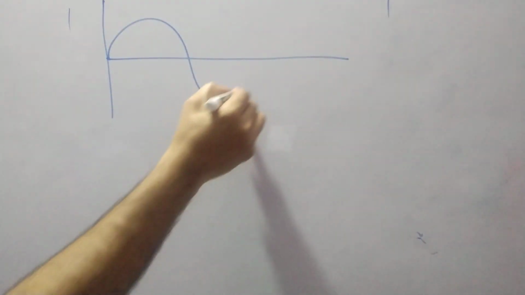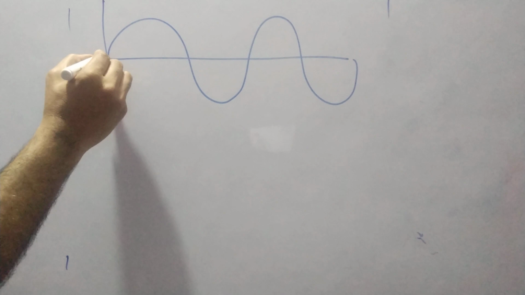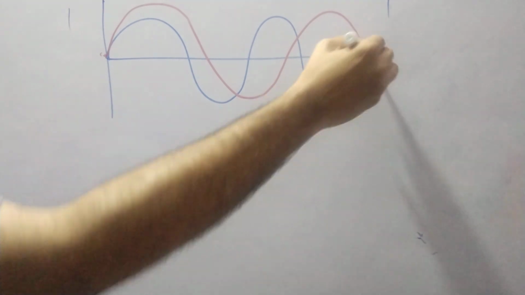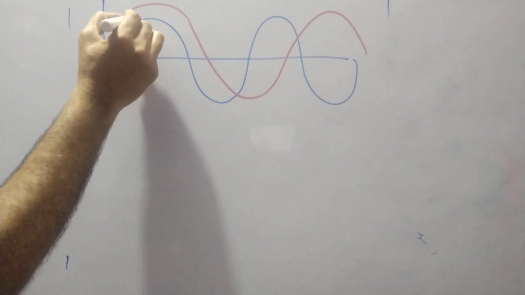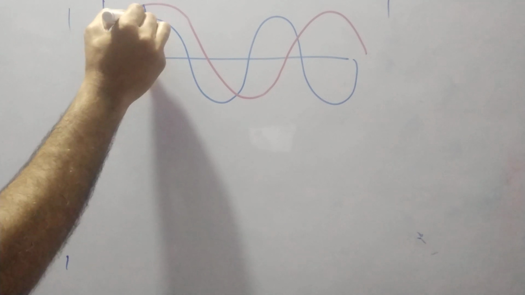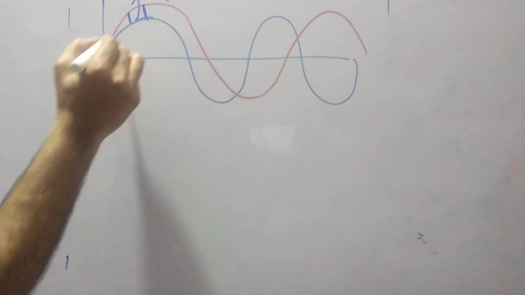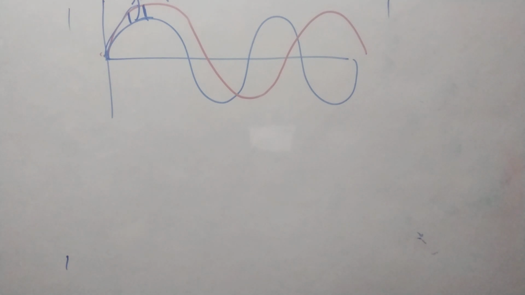First curve is like this, and the second curve you can take like this. Now between these two curves I am taking a time difference, delta t, because this curve is traveling like this, so there is some time difference. So that I am writing here.